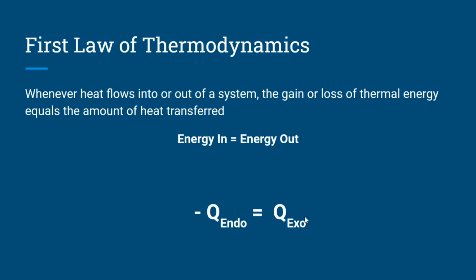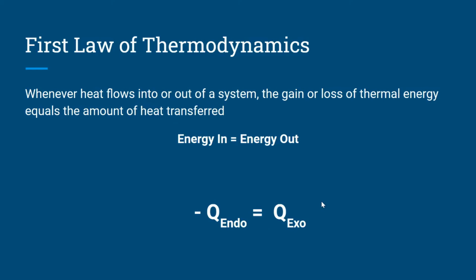It is losing energy. Energy is negative. So then why wouldn't the negative be over here? Why is it with Q of endo? Well, remember, when something is endothermic, when energy is being absorbed, endothermics are always going to equal a positive value. And when something is exothermic, exothermics are going to equal a negative energy value. So that is why the negative is over here, because exo has to equal a negative and endo has to equal a positive.